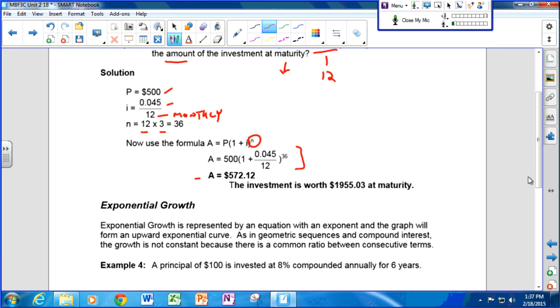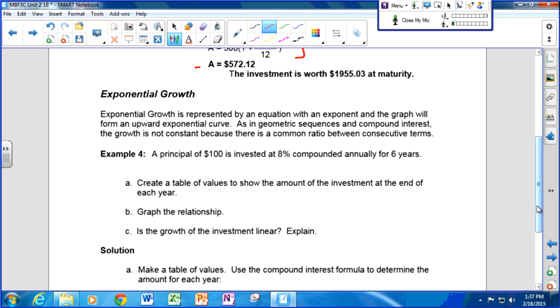And that is the very definition of an exponential function. Okay. And so they talk about exponential growth here in the middle of page 11. And it says exponential growth is represented by an equation with an exponent, and the graph will form an upward exponential curve.